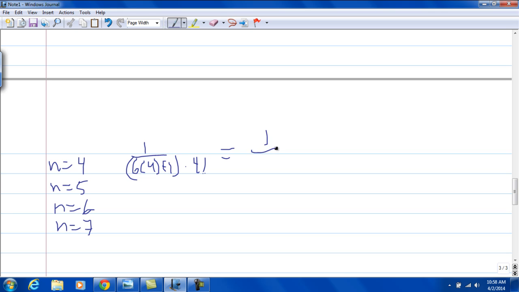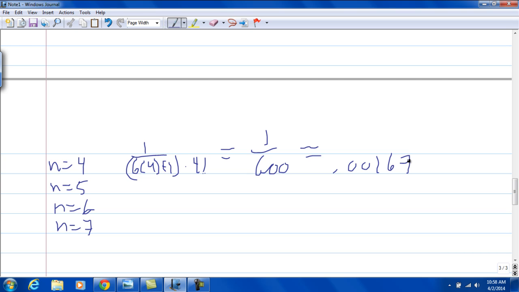I get 1 over 600, and that's approximately, 1 divided by 600 is approximately 0.00167. That's not small enough.